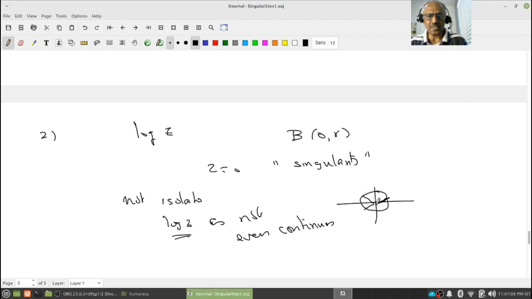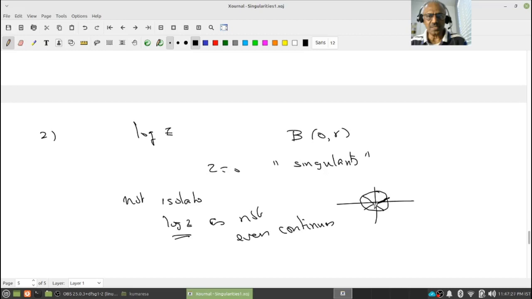If you had gone through my lectures on logarithm, you will know that. So what do I want? I want it to be holomorphic in a punctured disk around 0, but it's not. You cannot even make a continuous definition of log z in any punctured disk around 0.